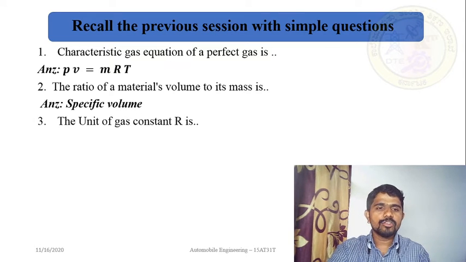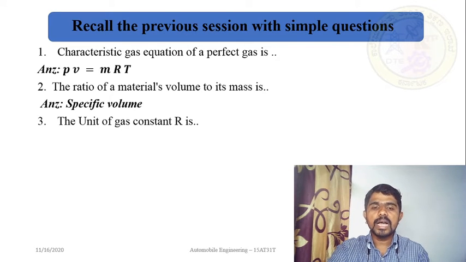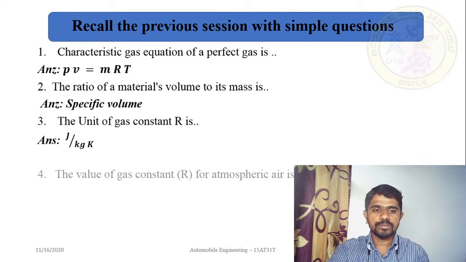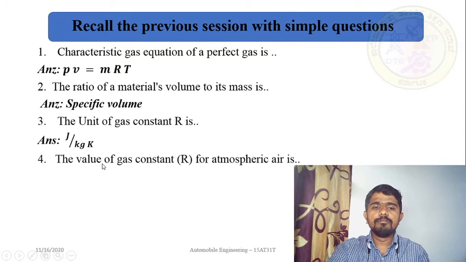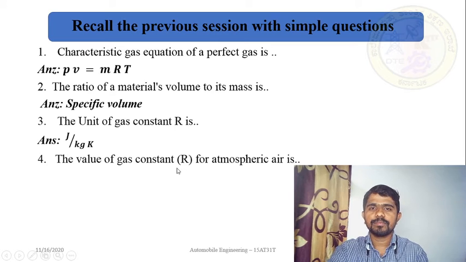Now the third question: the unit of gas constant R is what? Joules per kg Kelvin, or else kilojoules per kg Kelvin. The next question: the value of gas constant R for atmospheric air.